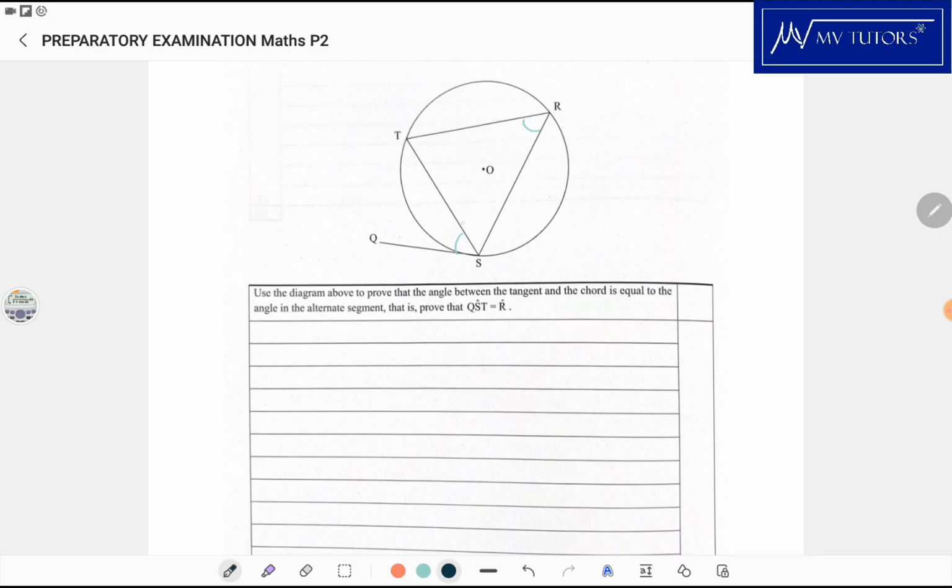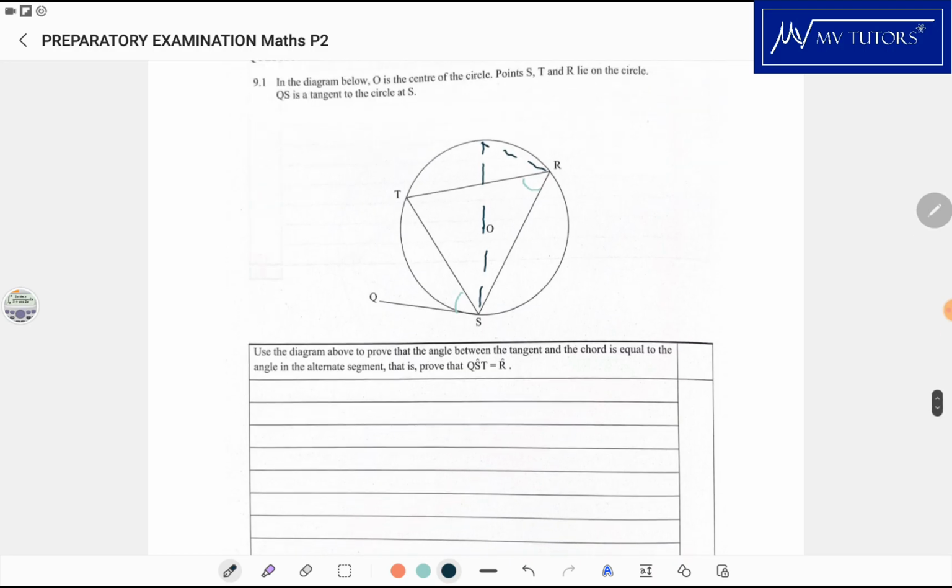First, you need to construct a diameter from S, passing through O all the way up. Remember, a diameter must touch there. And then also from R, I'm going to extend to that same point there. What shall we call this point? Let's call it U.